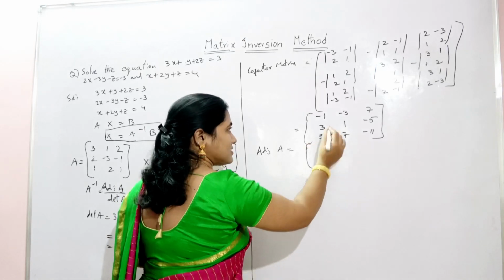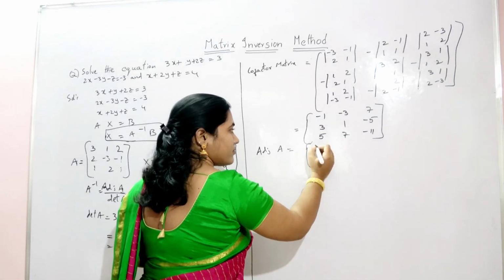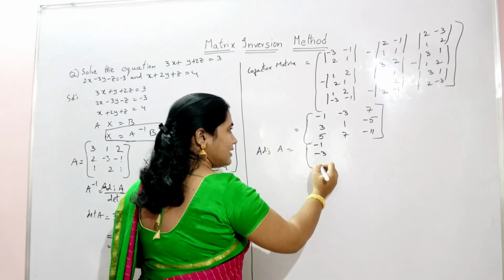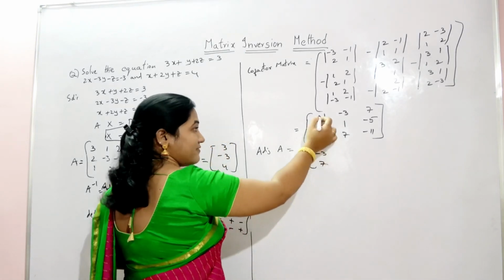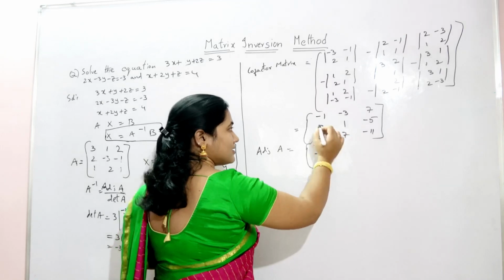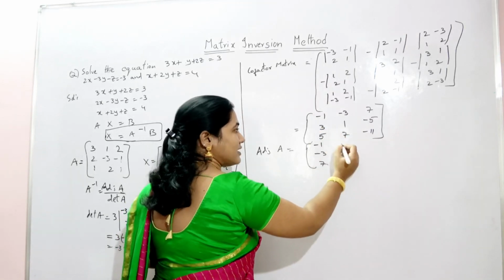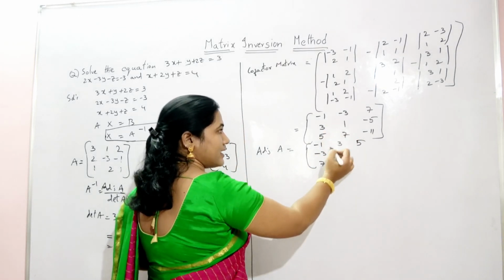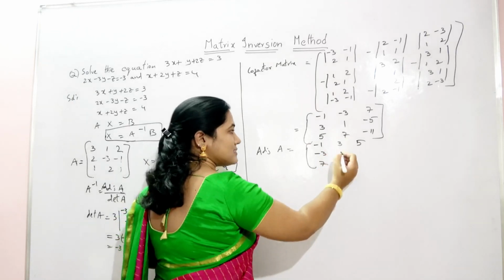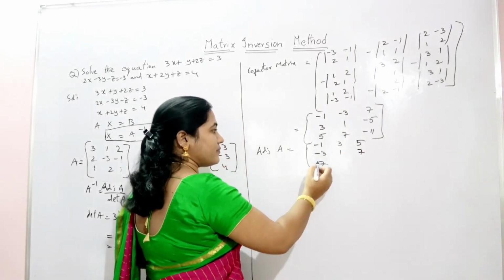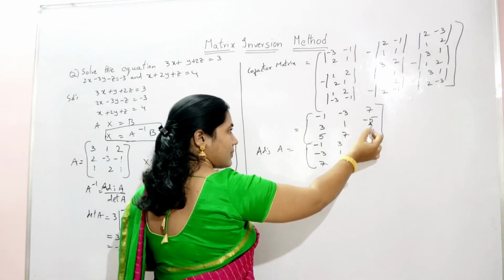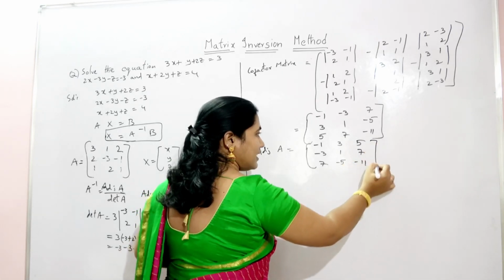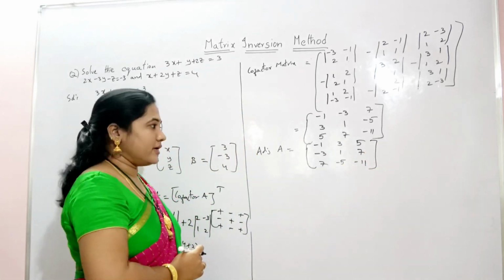So the adjoint matrix is: the first row -1, 3, 5, the second row -3, 1, 7, and the third row 7, -5, -11. So this is the adjoint of A.